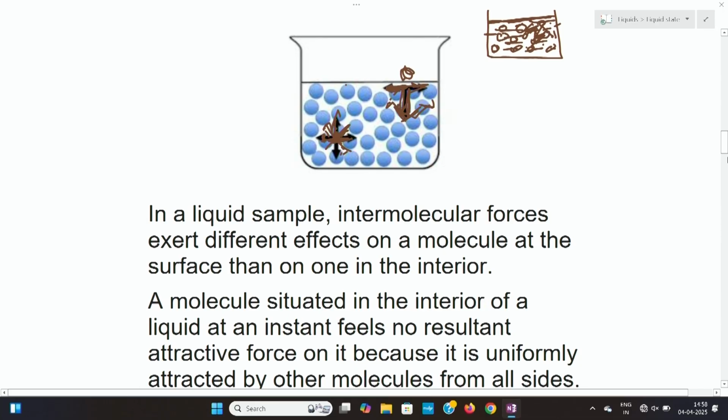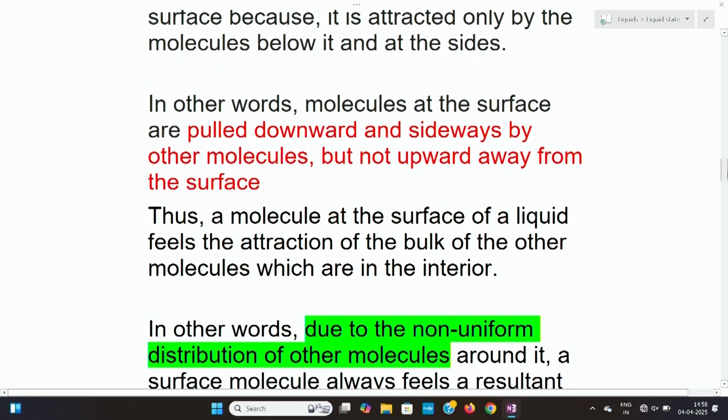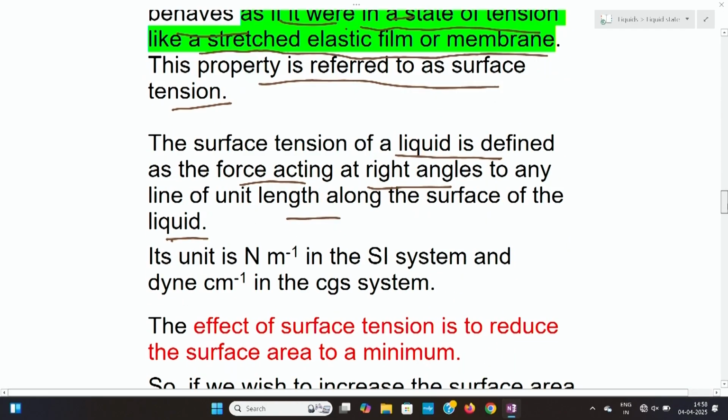That is what this definition says: the surface tension of a liquid is defined as the force acting at right angles to any line of unit length along the surface of a liquid. Hence, surface tension is a surface phenomenon of the molecules in a liquid.